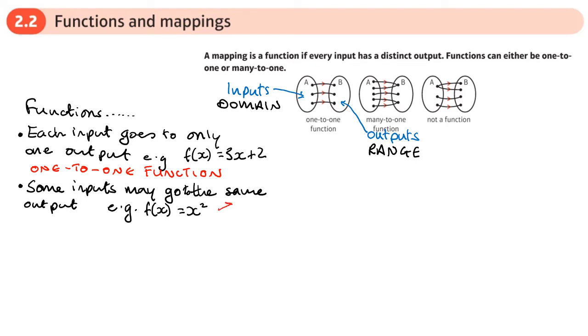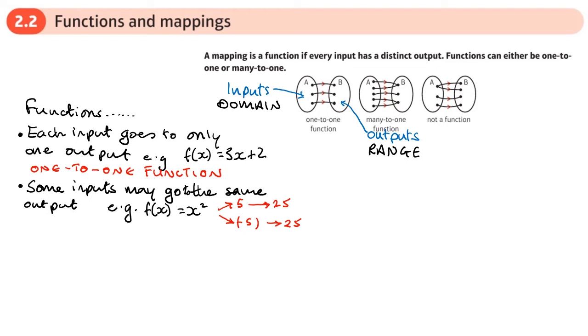So if you put the number 5 in as x, that maps to 25, but also if you put -5 in, that also goes to 25. So the inputs are different, but they go to the same output.